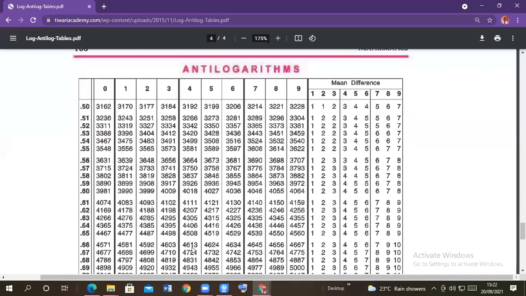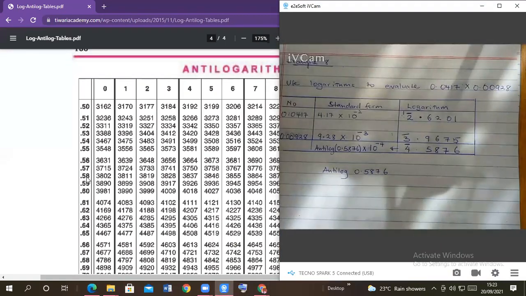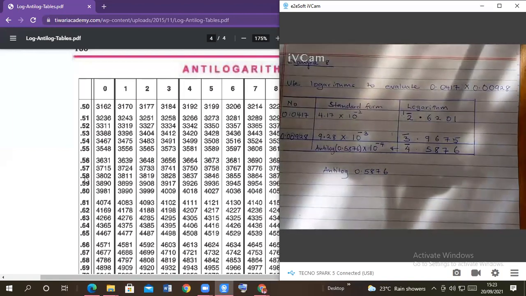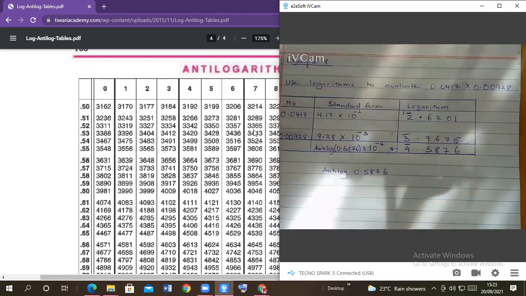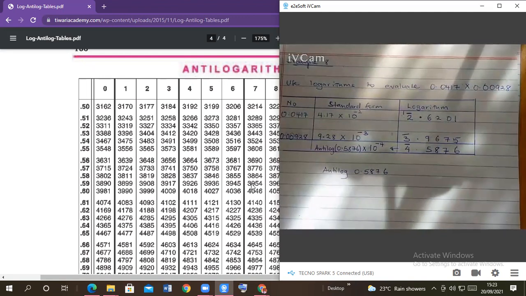Are we there? Yes. Okay, so that's where we have 0.58. Now we go to the next digit, which is 7. This is the column where I have 7, isn't it? So we must have a line at 0.58. It is this one here.